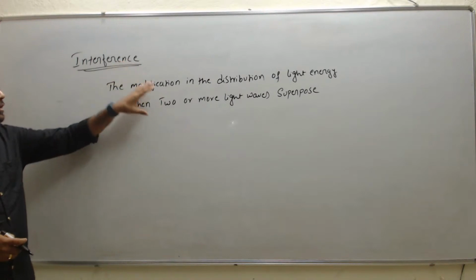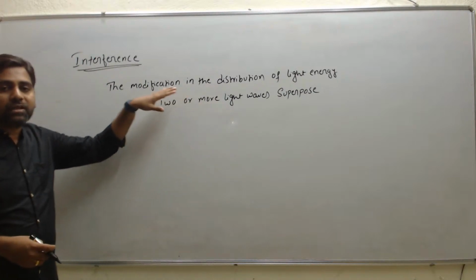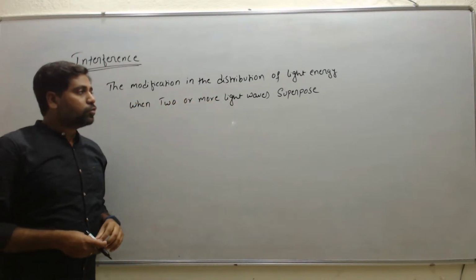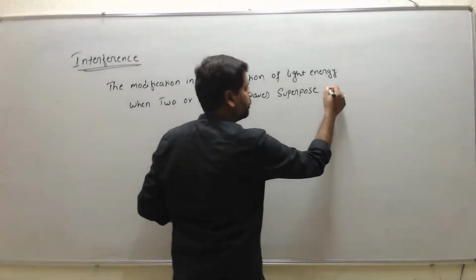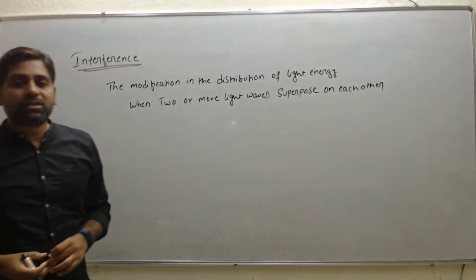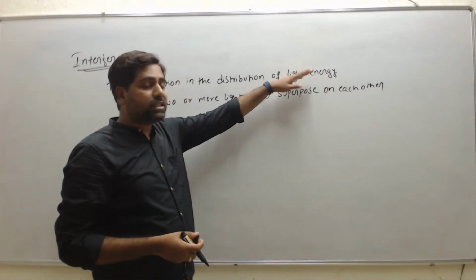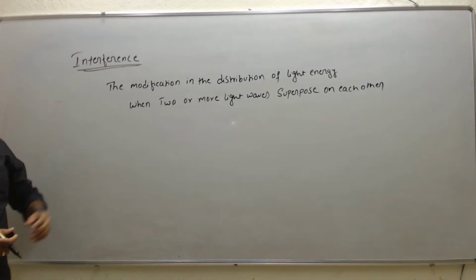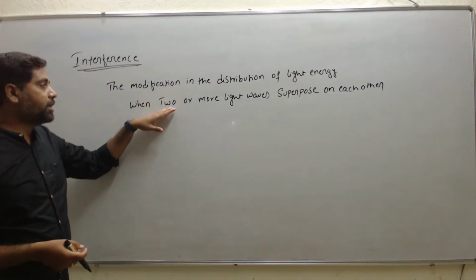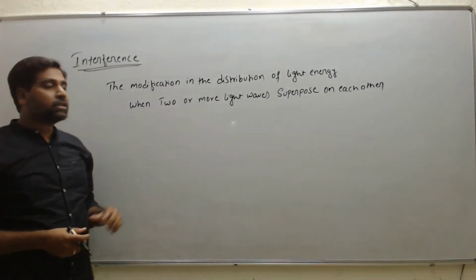That modification, that phenomenon is called interference. Here the light energy is taken as intensities. We study the light energy here as the intensity of the light waves. So that is the definition: the modification in the distribution of light energy when two or more light waves superpose on each other.